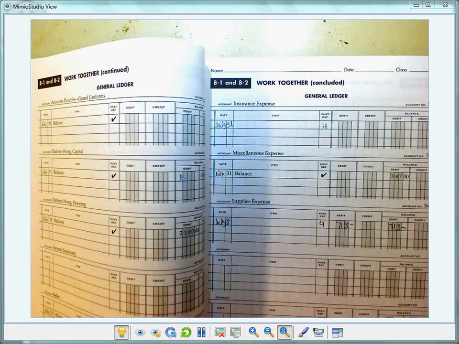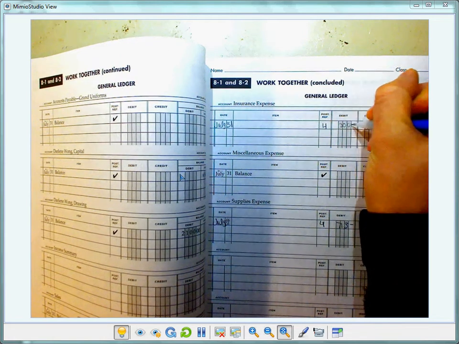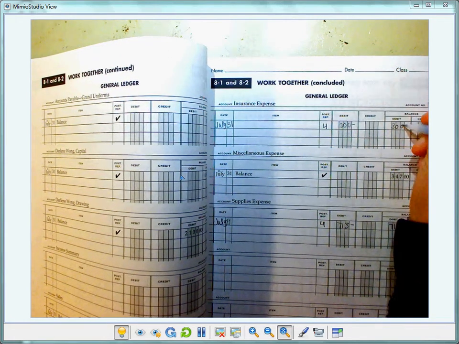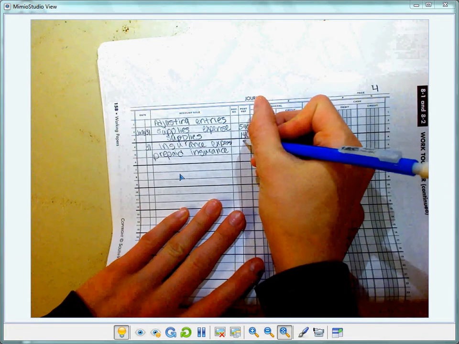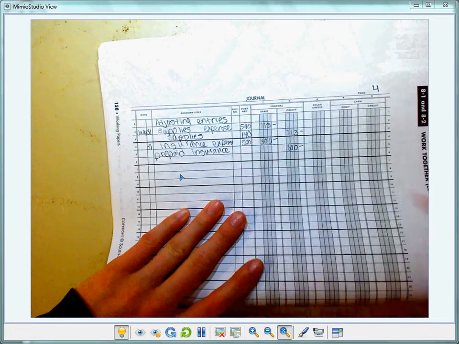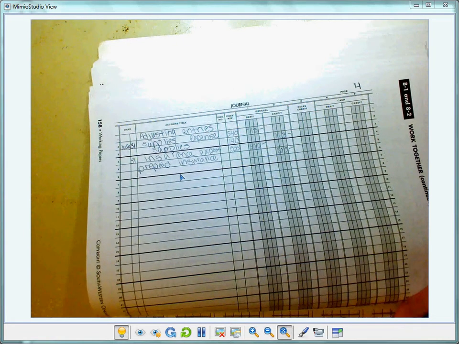And it's a debit of $300. And so a debit balance of $300. Go back to page 158, and what is our post reference number? 540. Okay, 540. Or 520, sorry.